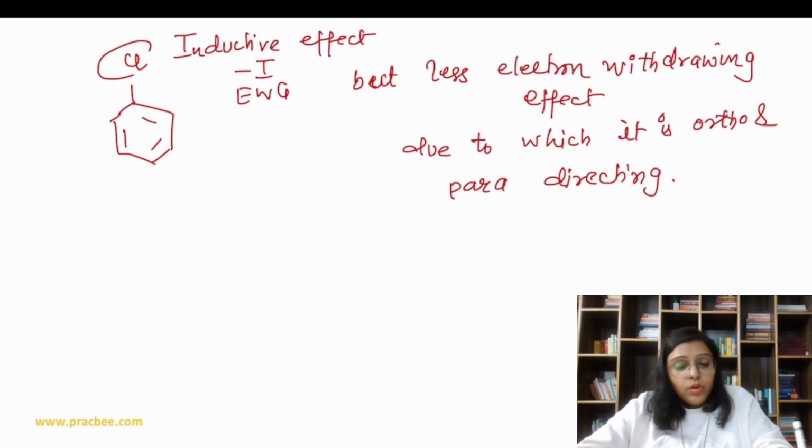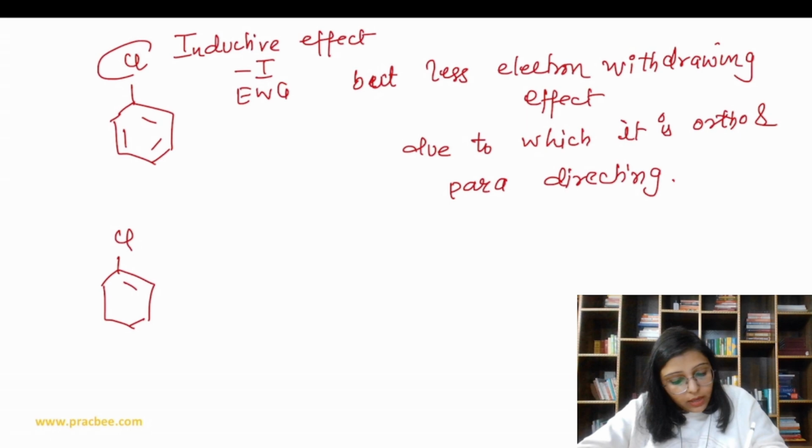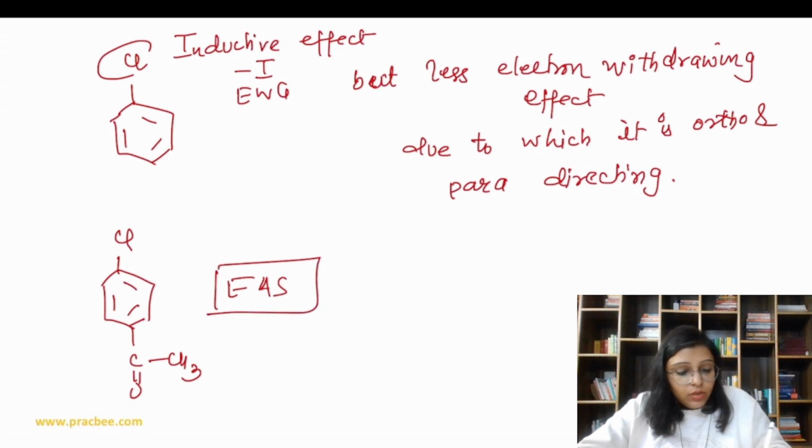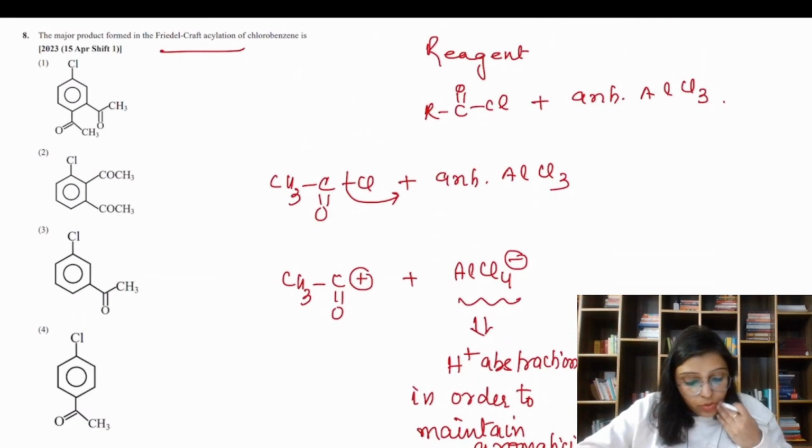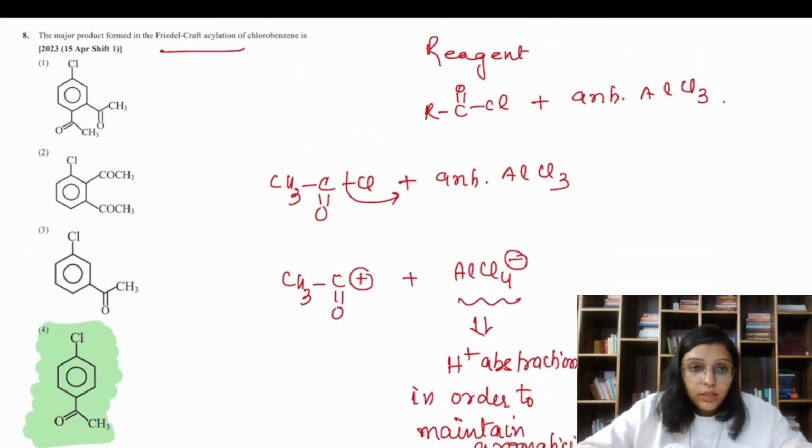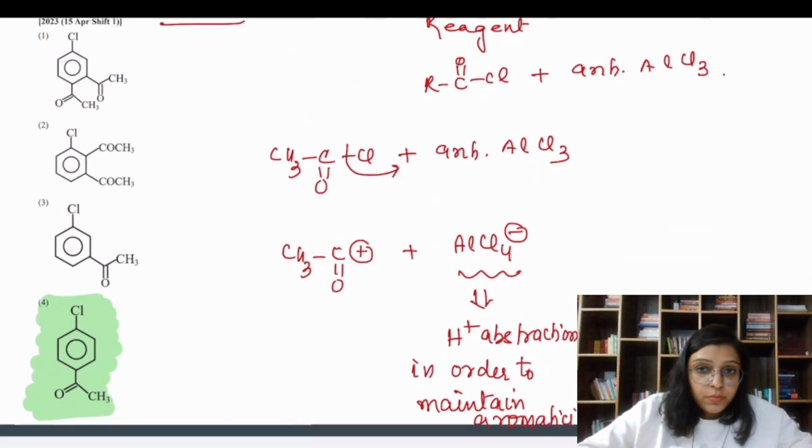Okay. So ortho and para directing means if we have Cl over here, we get C double bond O CH3 over here. This is electrophilic aromatic substitution. So para is going to be the major product. So the answer is going to be option number 4. Clear? Answer is option number 4.